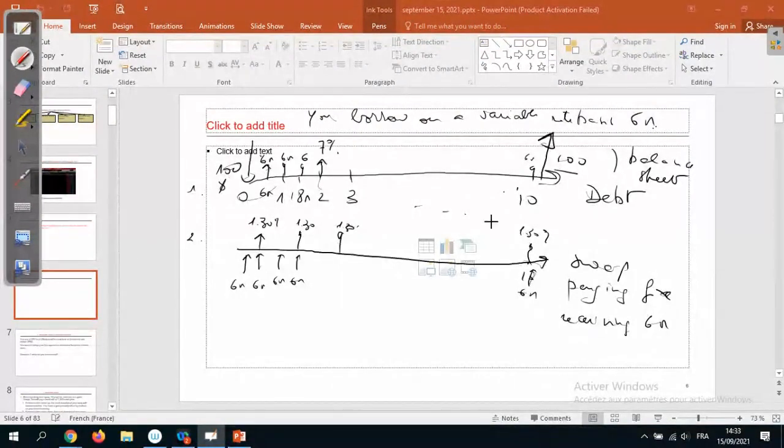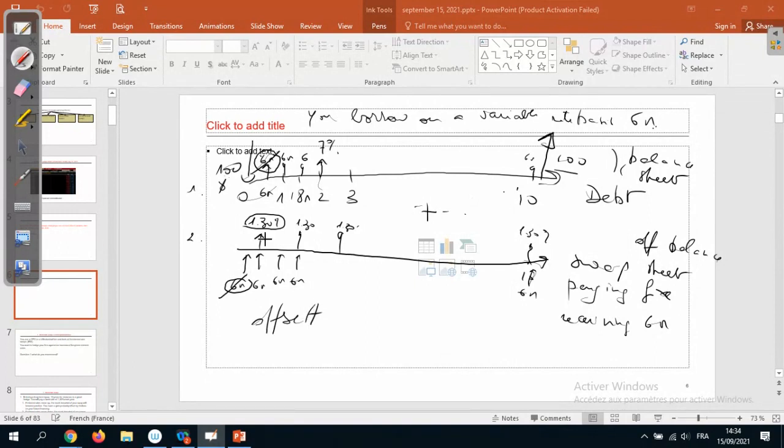Now the debt is on your balance sheet, but the swap is what we call off balance sheet. Why? Because it's a derivative, so it's not in your balance sheet. But if you economically add the two exposures, you see immediately that on the swap, you pay your bank a fixed rate, 1.30%. You receive the variable rate, but you have to pay the variable rate on your debt, so that's offset.